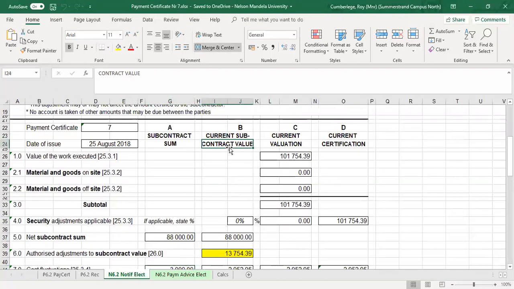Column B reflects now the final account value for the electrical contractor. In this case, once again, that was the final contract value for the electrical contract. So these two figures, the 88,000 plus the 13,754, should add up to that figure.